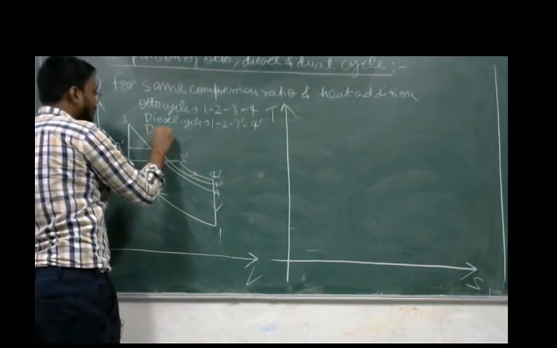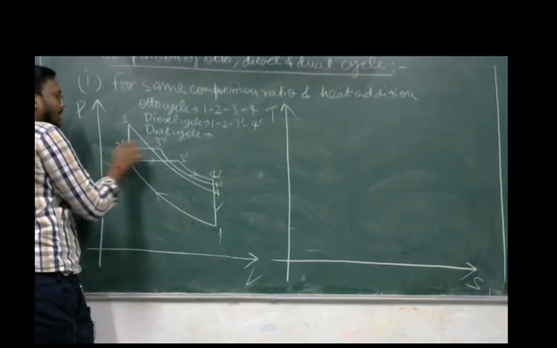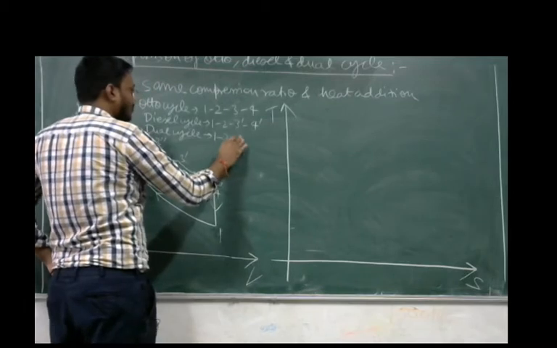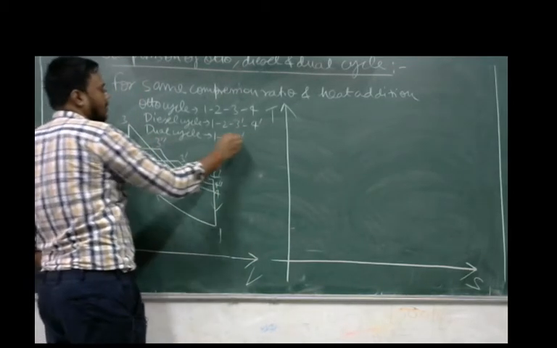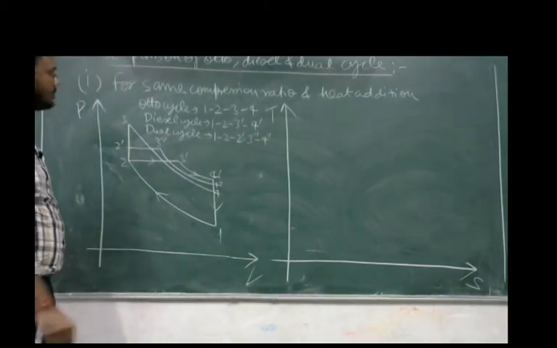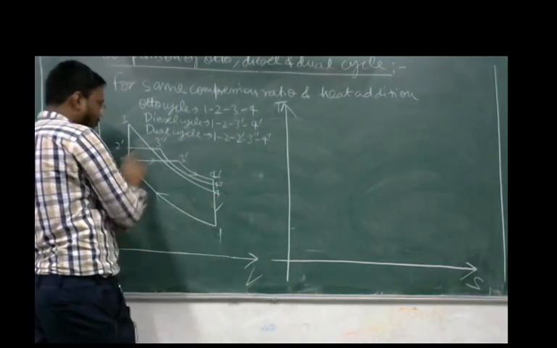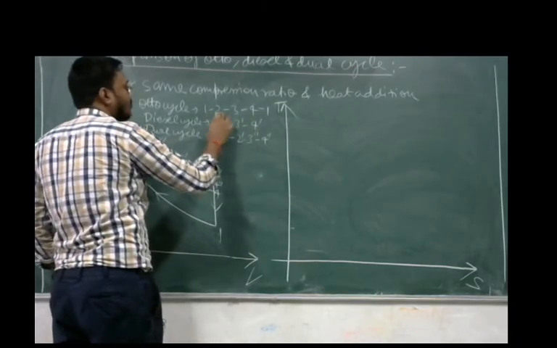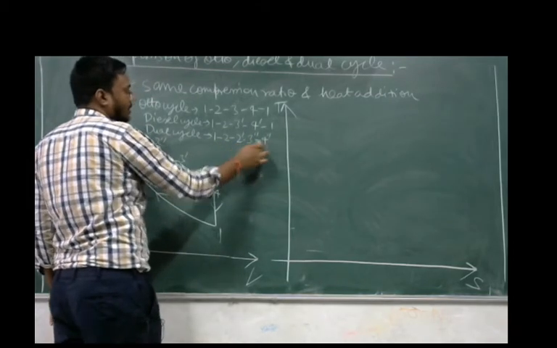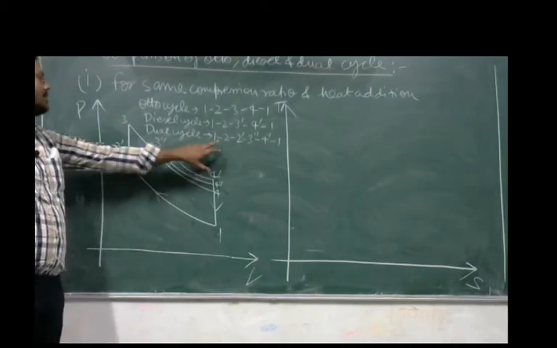And dual cycle is 1, 2, 2 dash, 3 double dash, 4 double dash. We have to close the cycle now: 1, 2, 3, 4, 1; 1, 2, 3 dash, 4 dash, 1; and 1, 2, 2 dash, 3 double dash, 4 double dash, 1. So this is the cycle representation.